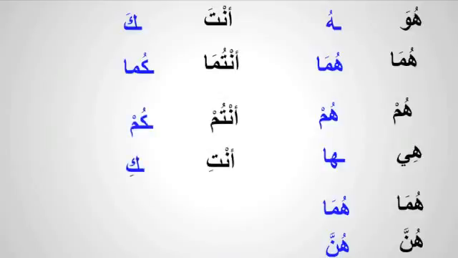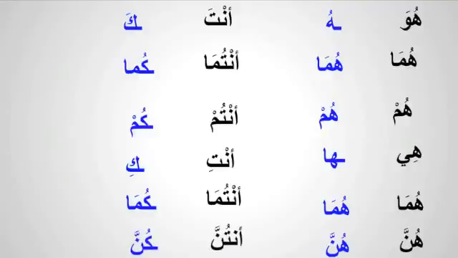Anti will become ki. Antuma will be kuma. Antunna will be kunna. Ana, you're talking about yourself, will become ya. This ya is called ya mutakallim, the ya of possessive, self-possession, anything which describes ourselves. Ana is ya. Nahnu is na.